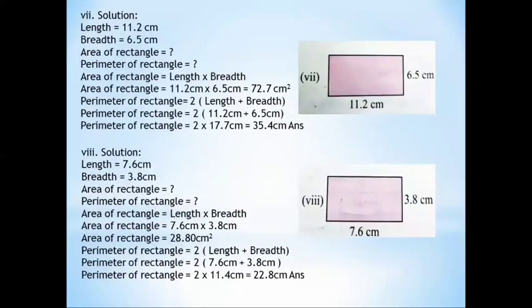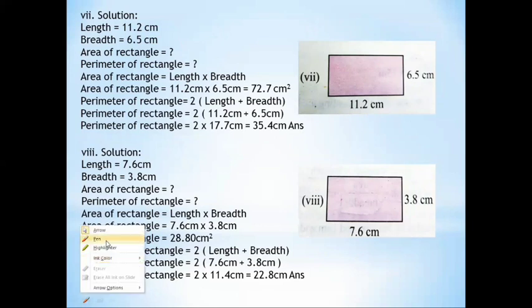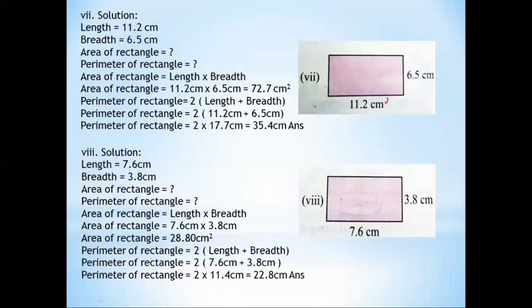Now, let us start the second last and last part, part number 7 and 8. Dear students, here you can see the figure. In the same way, the measurement of length is 11.2. Measurement of the breadth is 6.5.